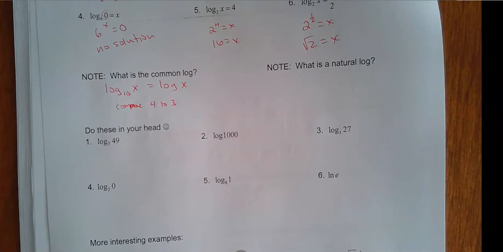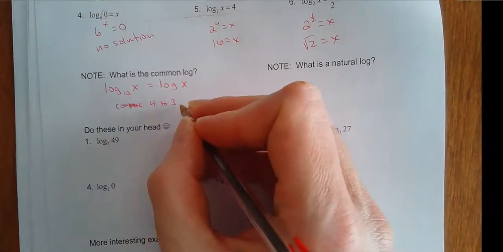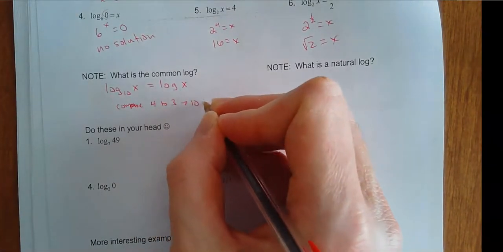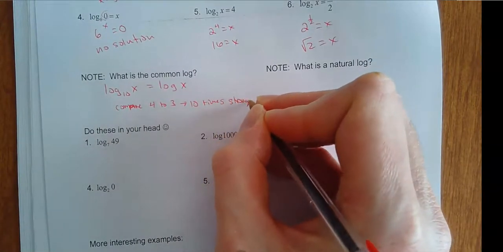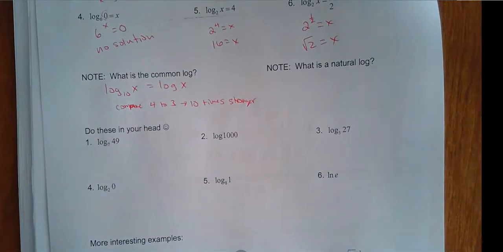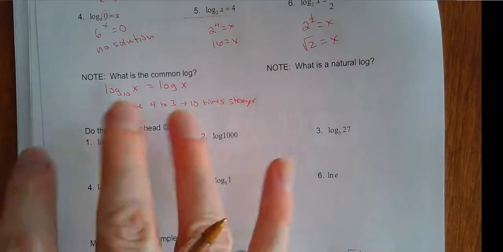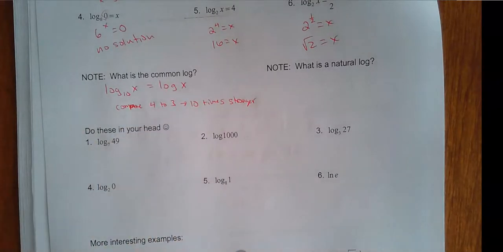If it's a 3, that's like 10 to the third power. If it's a 4, it's 10 to the fourth power. So the 4 is 10 times stronger. So if you ever hear a 4.1 compared to a 4.2, that's a big difference. It's not just 0.1 bigger. It has to do with an exponent of 10, being 10 times stronger.